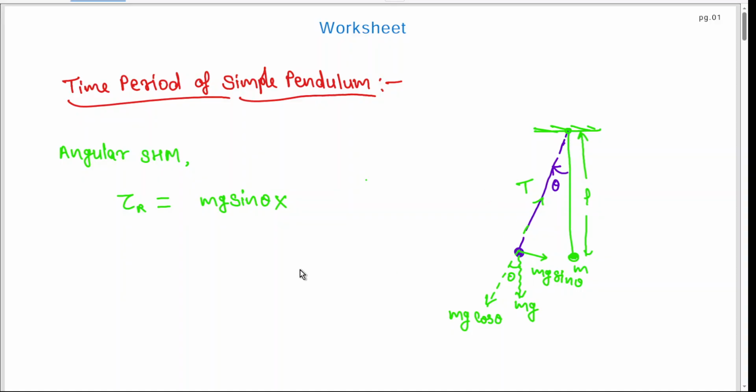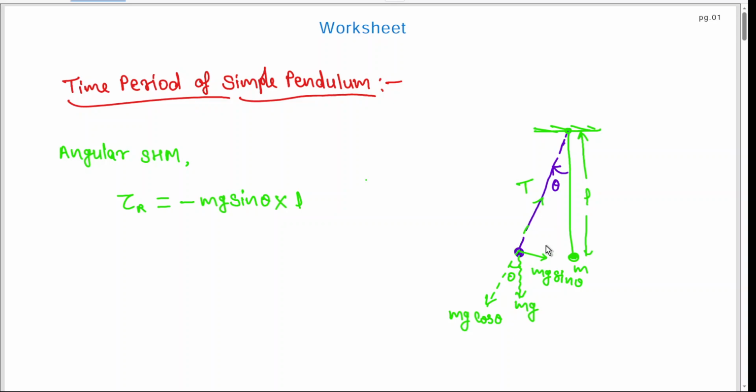So this perpendicular distance will be L itself. Now as we can see, theta is in clockwise sense and this mg sin theta is producing the restoring torque in anti-clockwise sense. So here we will put one minus sign, right? So this is the torque equation.